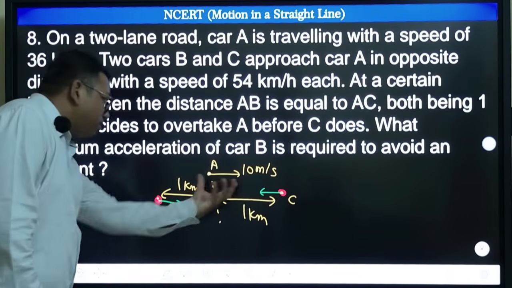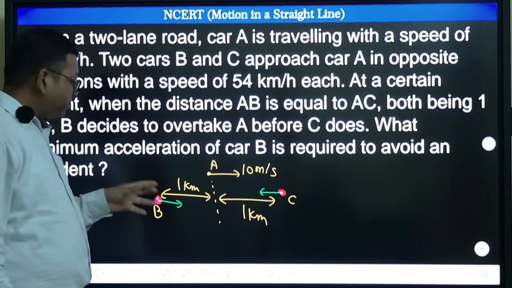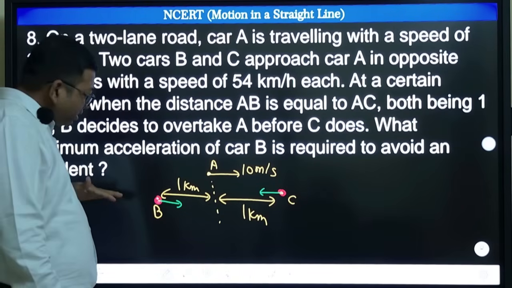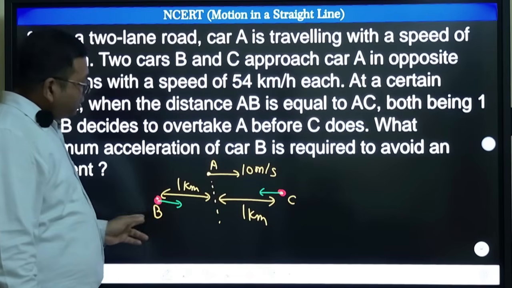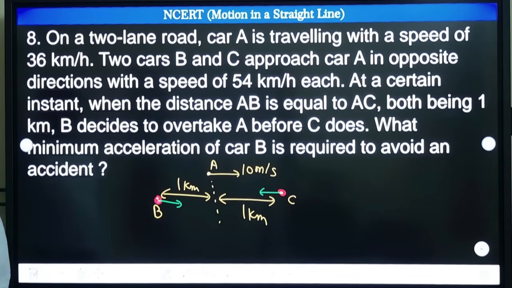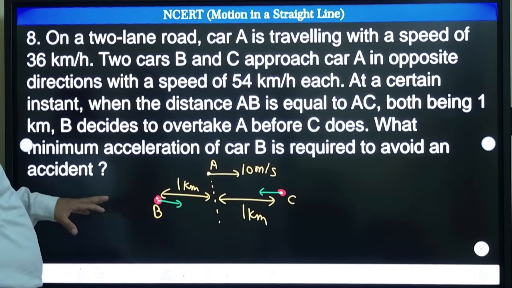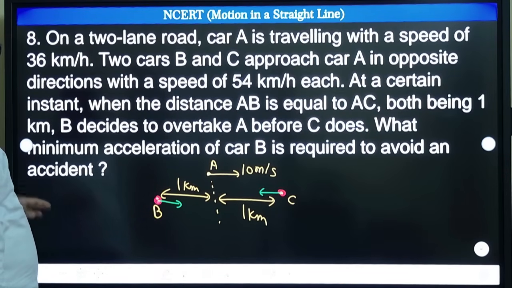Now here in this question, we need to also be sure where is B. B is this side or that side? Is B going in the direction of A, or B is going opposite of A? Let us think about it. Again, read the question. Two cars B and C approach car A in opposite direction with a speed of this.